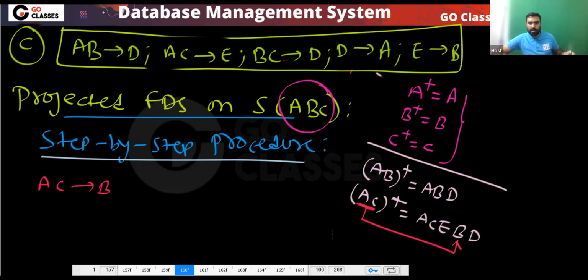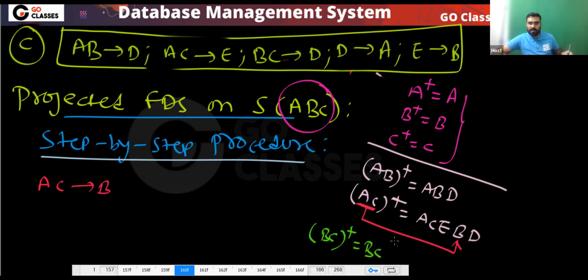Next, what about BD plus? BD plus will be BD. D can determine A, so you notice BDA. That's it, so this also will not give you anything. Sorry, BC. We have to check BC plus.